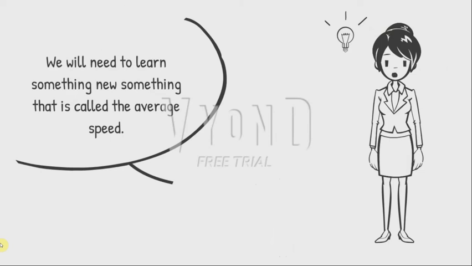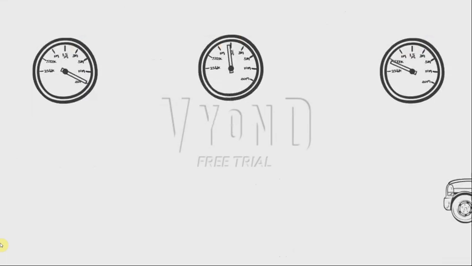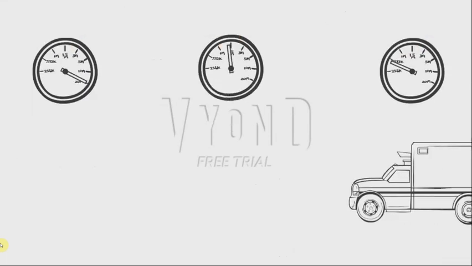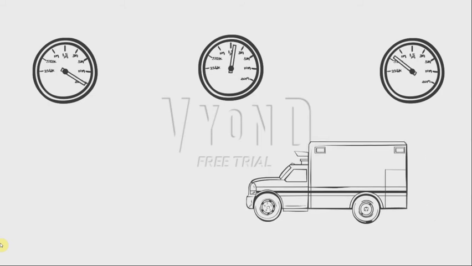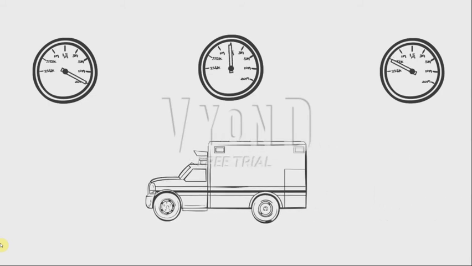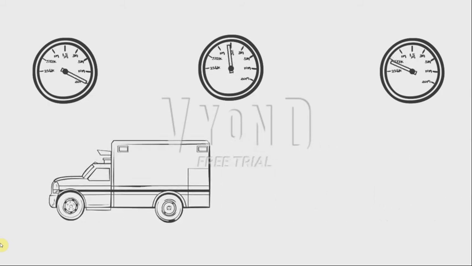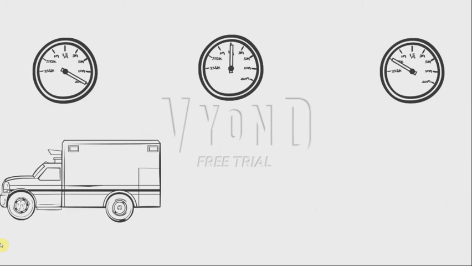What is the average speed? To understand the average speed, we need to imagine a car that is moving in the city. In the city, we find the traffic, the traffic jam. So in each part of this movement of the car, we will find that the speedometer is recording a different speed for each distance or for each part of this journey.